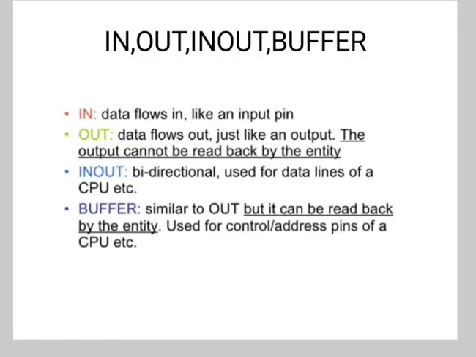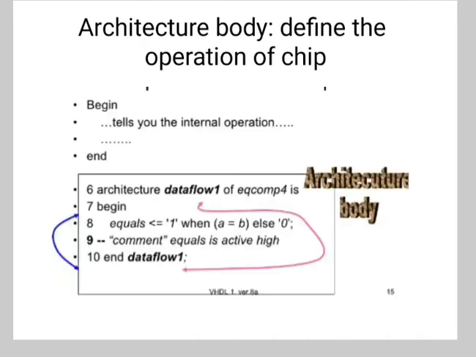So in means data flows in like an input pin, out means data flows out just like an output. The output cannot be read back by the entity. Inout means it is bidirectional, that is it is used for the data lines of the CPU, etc. And buffer means it is similar to out but it can be read back by the entity and used for the control address pins of the CPU, etc.